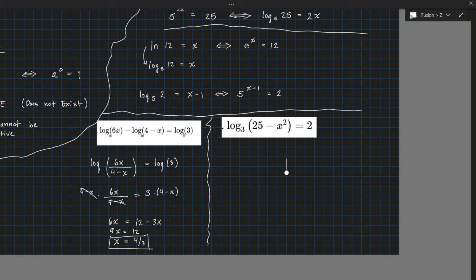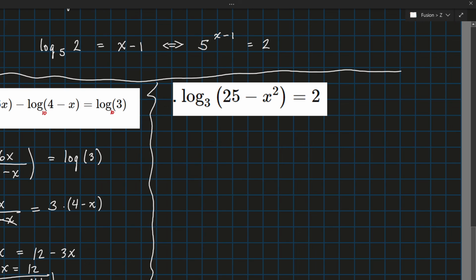But since the x is inside, we can't just take it out of the function. So in order to solve for x, we first need to convert it into exponential form, because then x will be outside of the function. So what will this be in exponential form?